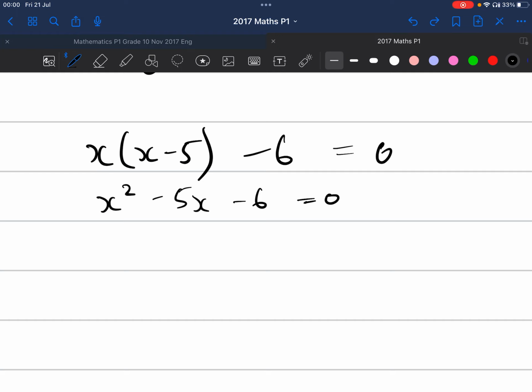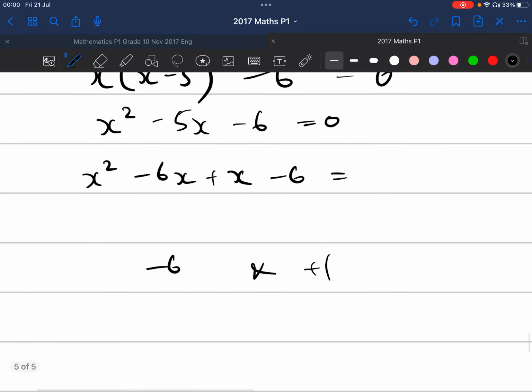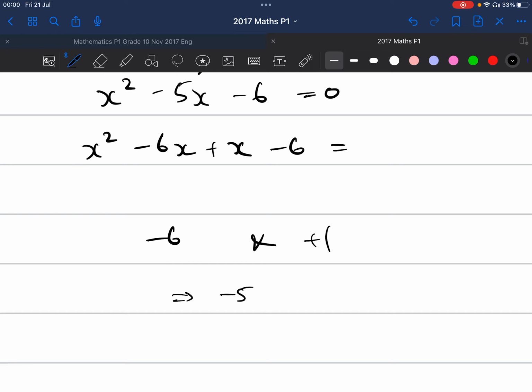So in this case, our two numbers are going to be -6 and +1. If I add these two together, I'll get -5, which is my middle term. And if I multiply them, I'll get -6, which is my last term. So those are the two factors that I'll use, and I'll just break it up like that.